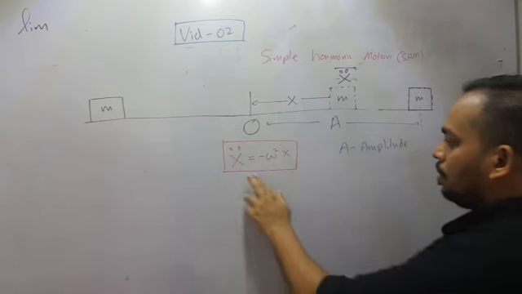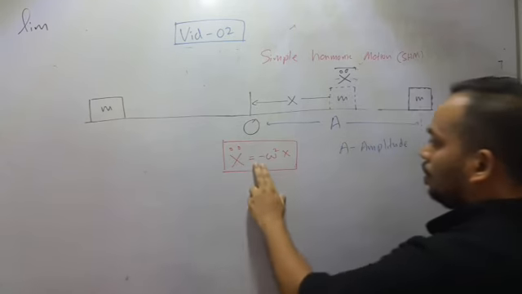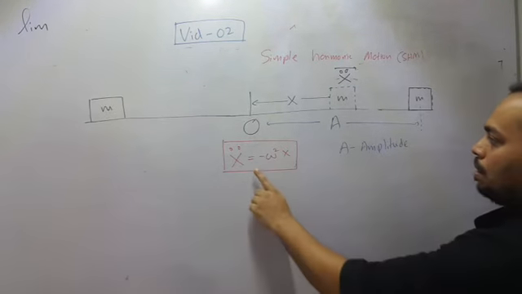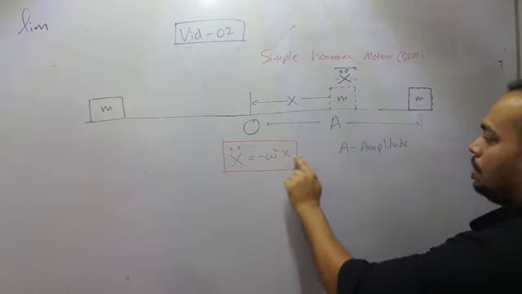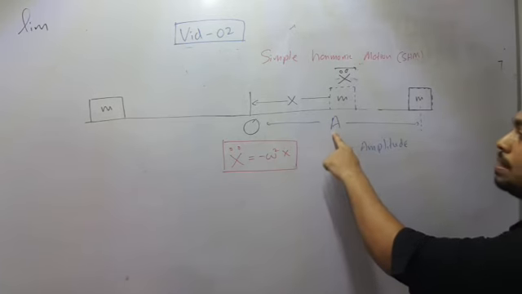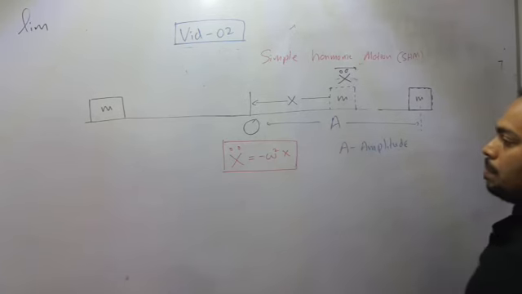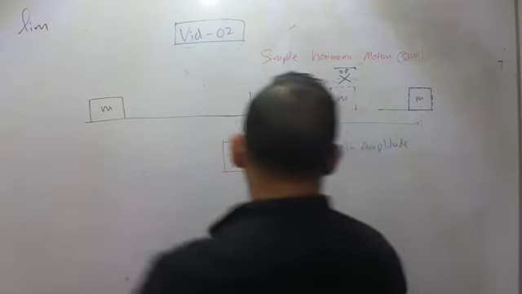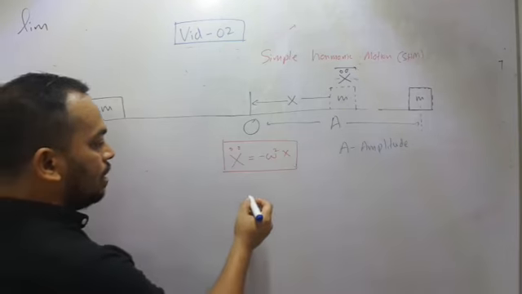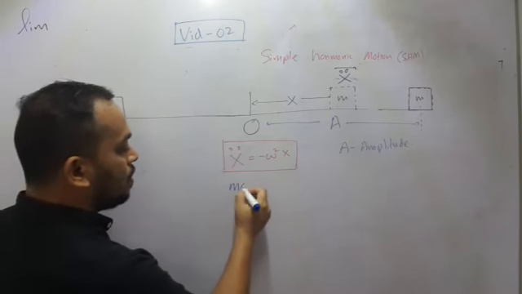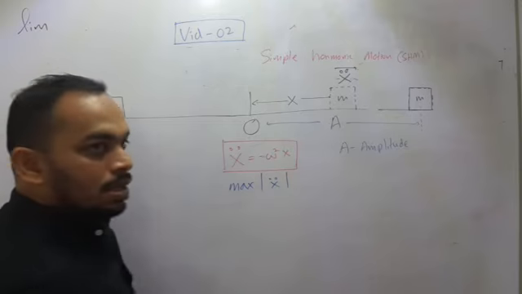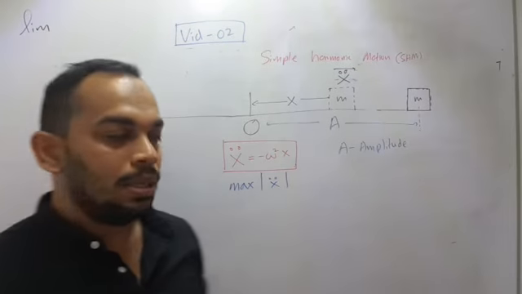Now, in this equation, we can check how the acceleration varies. Since the maximum displacement it can take is a, the maximum acceleration would be omega squared a. Let me take the absolute value of the acceleration, so I'm not going to consider the direction for the moment.